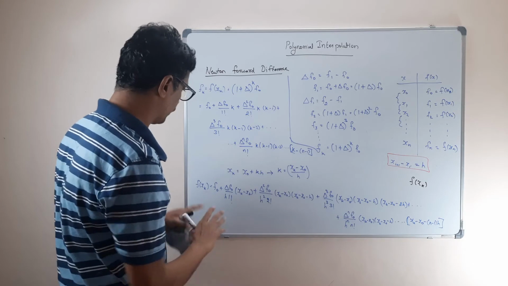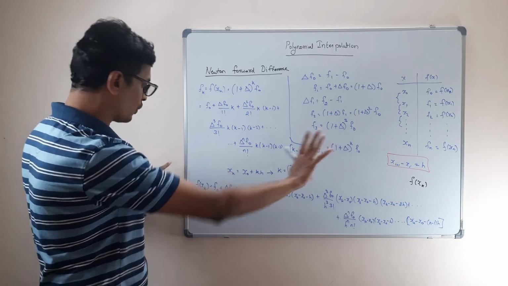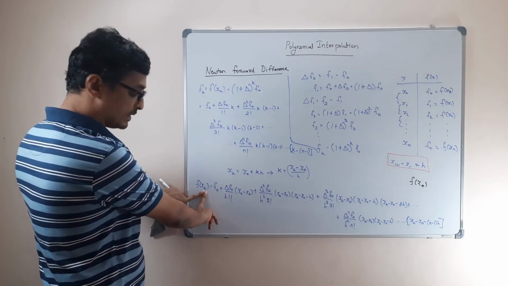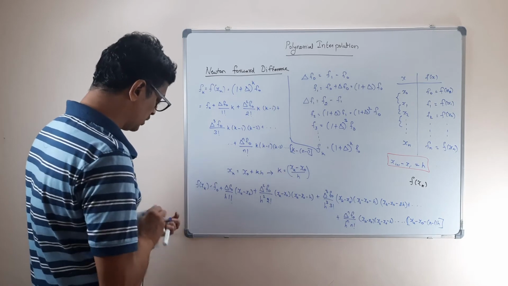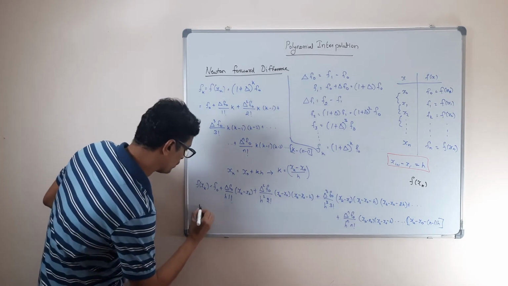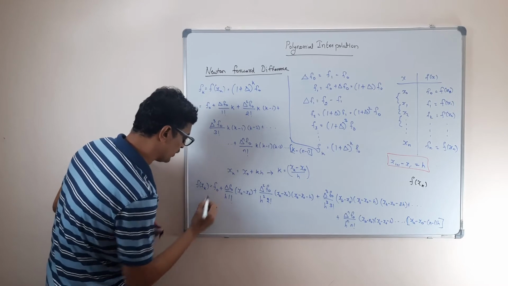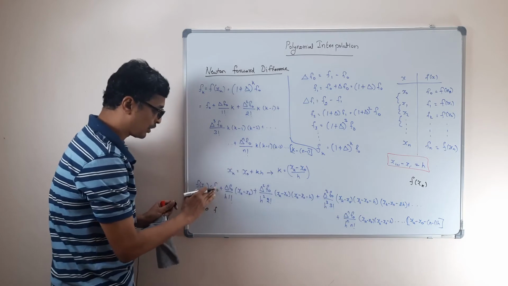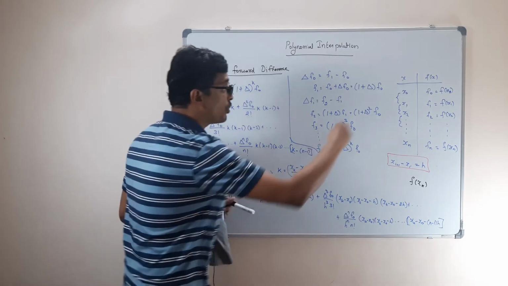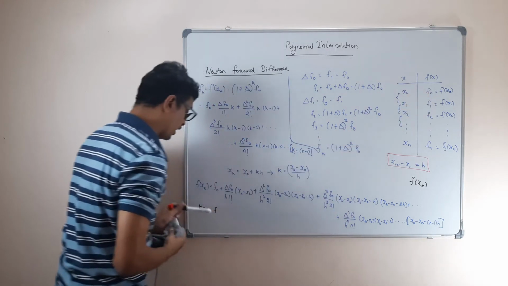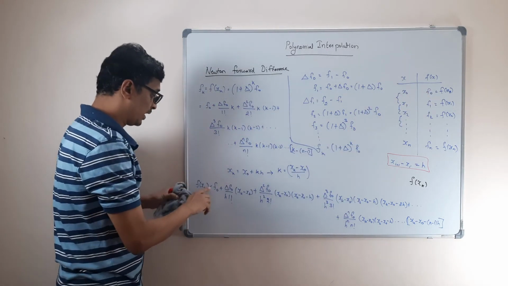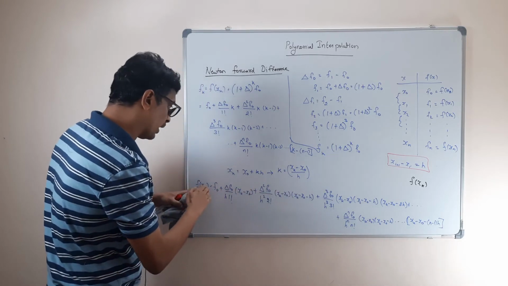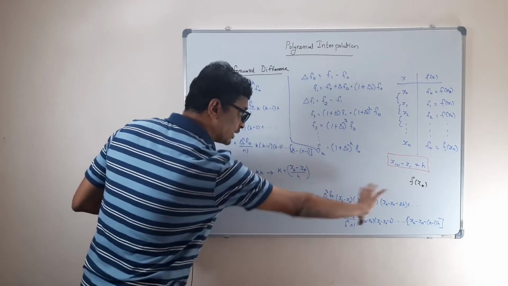Why this is interesting is that this is going to be valid for all k's. In fact, the moment I put k equal to 0, what am I going to get? This will become f0, because these terms all go to 0. So when k equal to 0, what you're going to get is f0. That means when x is equal to x0, we get f0. And now I want you to try that. You put k equal to 1. What you will find is that all the other terms will vanish.